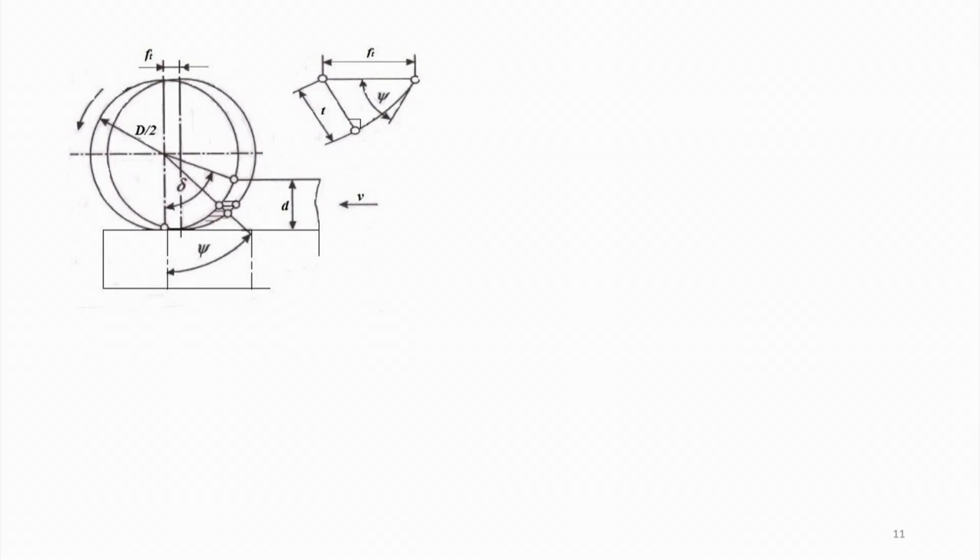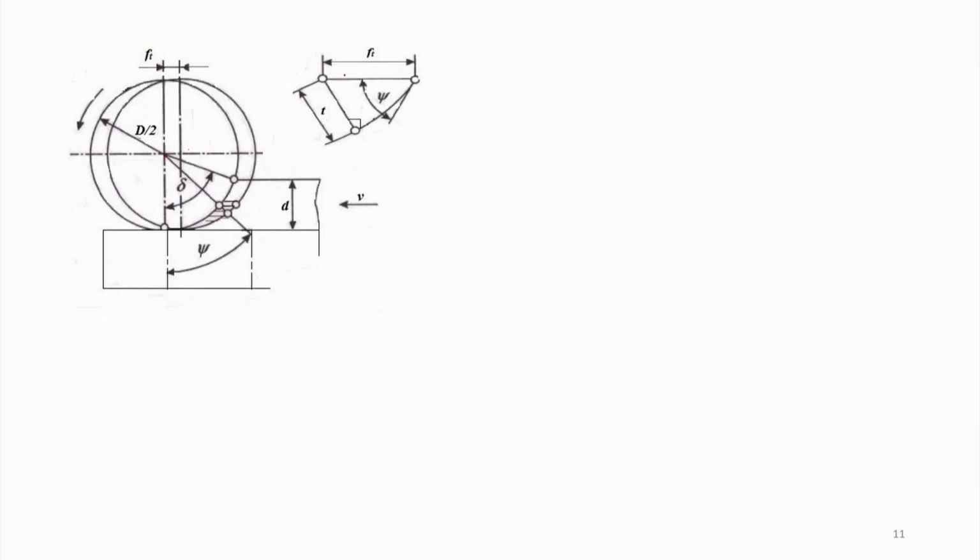So, another way of looking at it is like this, that suppose this is the up milling process and this was in one position, then finally it is coming like this, and this is Ft. I am showing that per tooth this is the feed. So, and it has come like this.